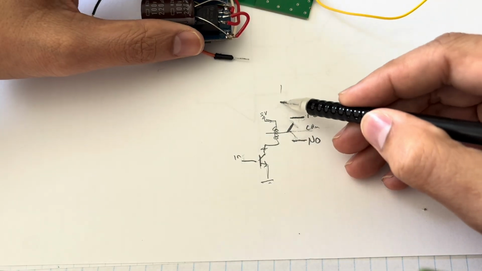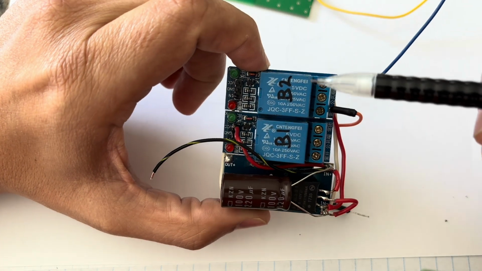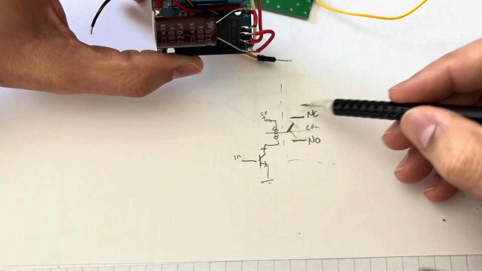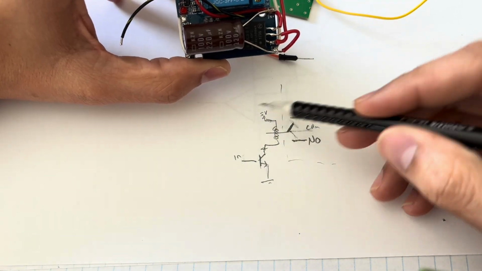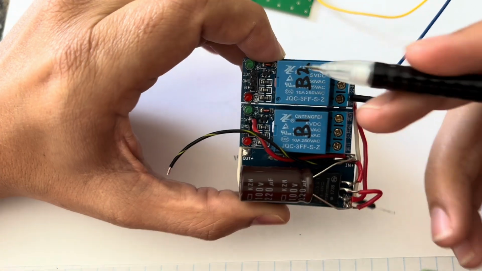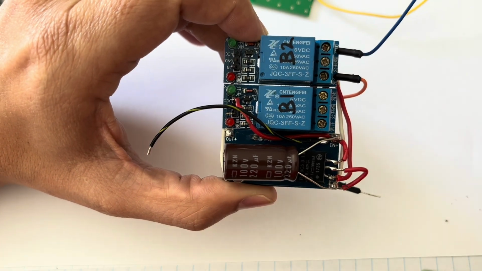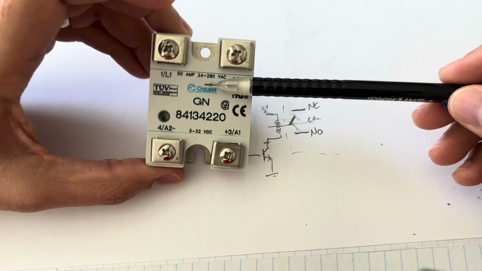Now, it's very important to remember that you can only put the 250 volts on this side of the circuit, and not on this side. If you put 250 volts on this side, you will instantaneously fry this part. So don't do it.